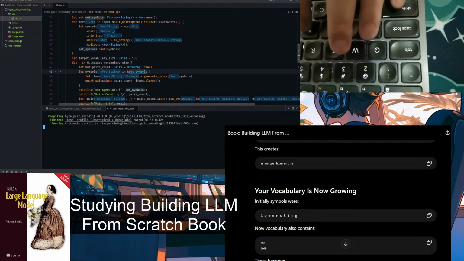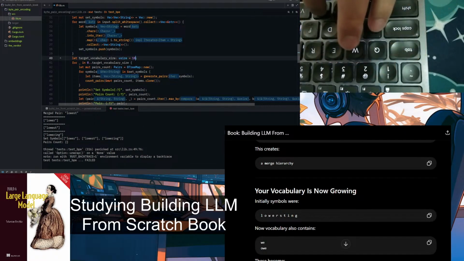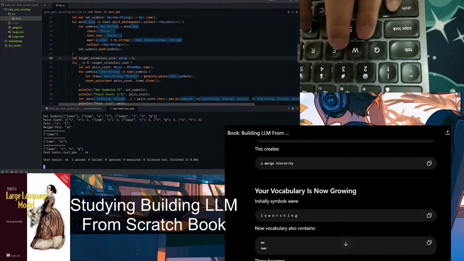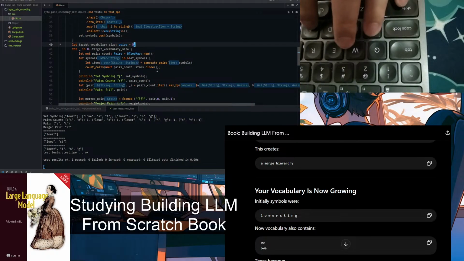So yeah. So I'm studying a book. I'm just trying to build manually the byte pair encoding topic. It's actually in the book.